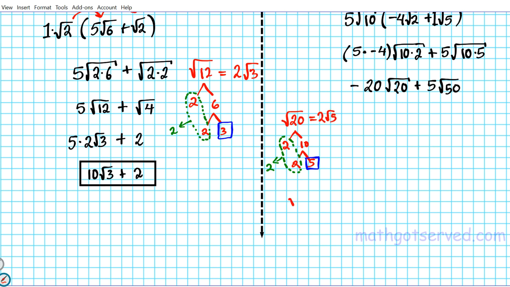How about root 50? Let's break it down. 5 goes into 50 because it ends in a 0 or 5, 10 times. 5 goes into 10 twice. We have a perfect square as a factor of 50, namely 5 times 5 or 25.